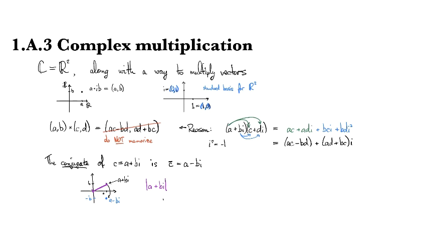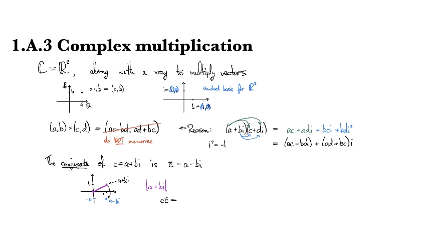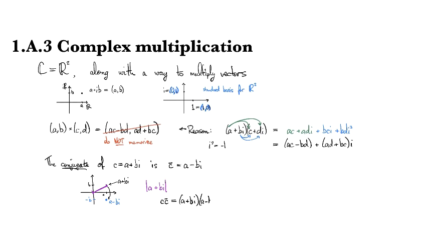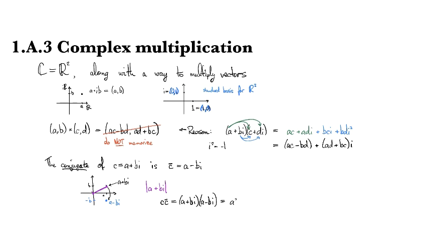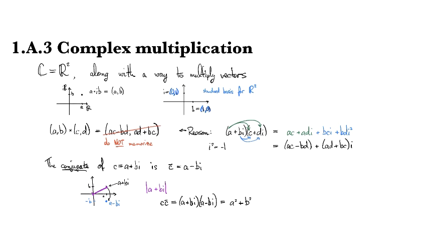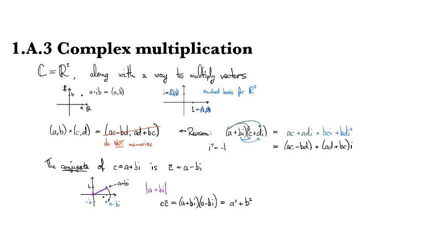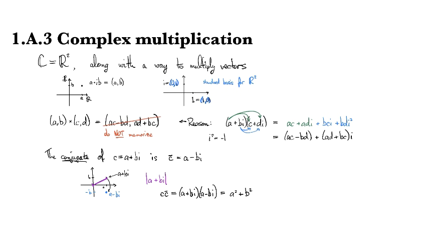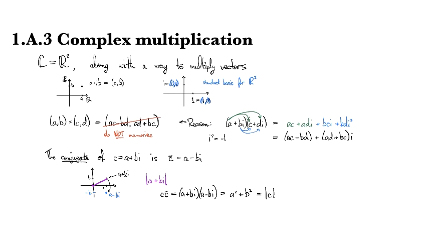So if we do c times c conjugate, so that's a plus bi, a minus bi, then when you work this out, you get a squared minus negative b squared, in other words, plus b squared. But a squared plus b squared, that is the square of the length of this guy right here, yeah? So we call that the square of the length of c. Okay.